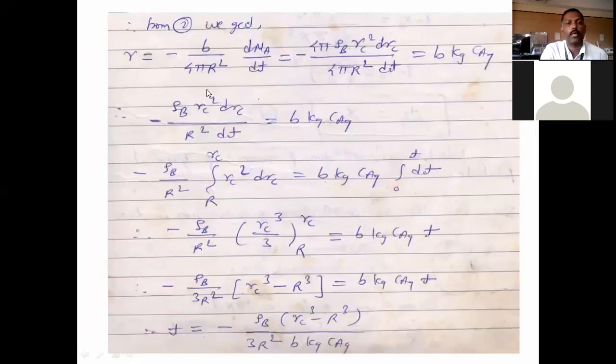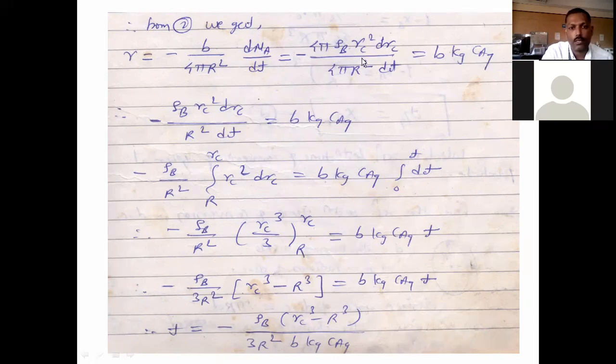So r equal to minus b upon 4π R squared dN_A upon dt, which is equal to minus 4π ρ_B R_C squared dR_C upon 4π R squared. We put here dN_A by dt equal to b k_g C_Ag from equations 2 and 3. Then simplify the equation, the 4π will be cancelled.